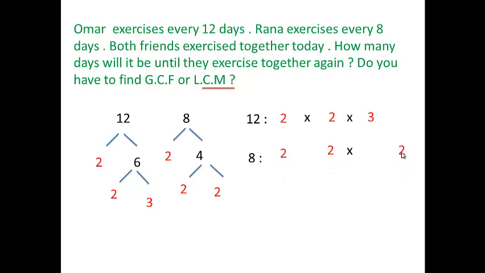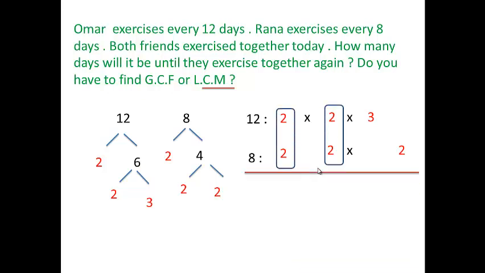Okay, I write this 2 away because there is no place up here to put it under each other. Now circle the similar factors or similar prime numbers. For LCM, take from each column the number in it.